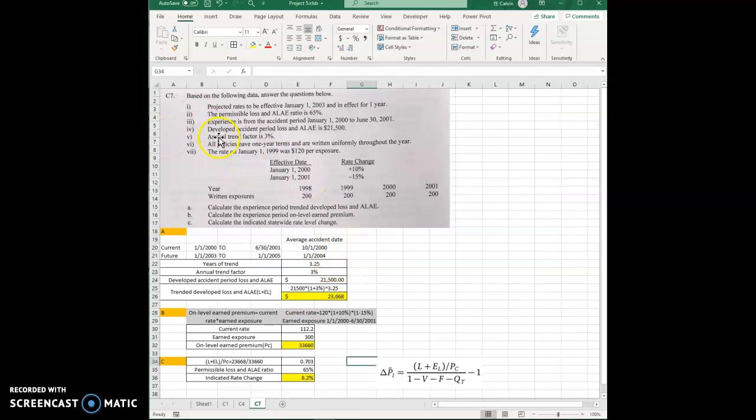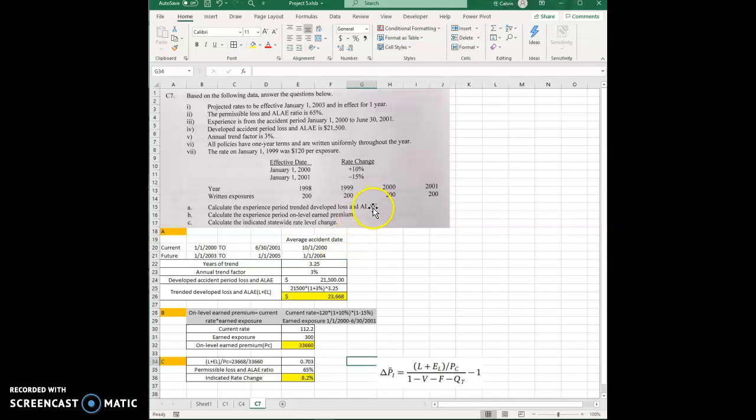And the next question is C7. This question is quite similar to the last one. It's to use the loss ratio method to find the indicated rate change. And first, we need to calculate the experience period trended, developed loss and ALAE.